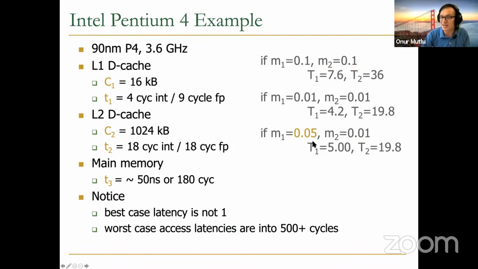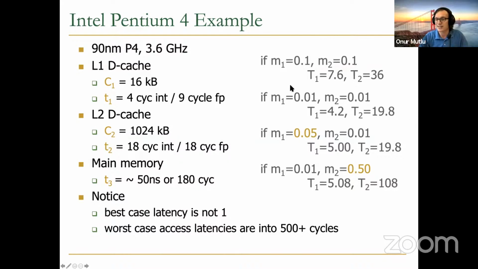So a small increase in the miss rate in the L1 cache leads to a very, very large increase, I would say, in the perceived access latency of level 1. Now let's take a look at this. Going from here to here, if you keep the same miss rate in the L1 cache, 0.01, but increase the miss rate in the L2 cache by 50x to 0.5, we get 5.08, which is very similar to over here.